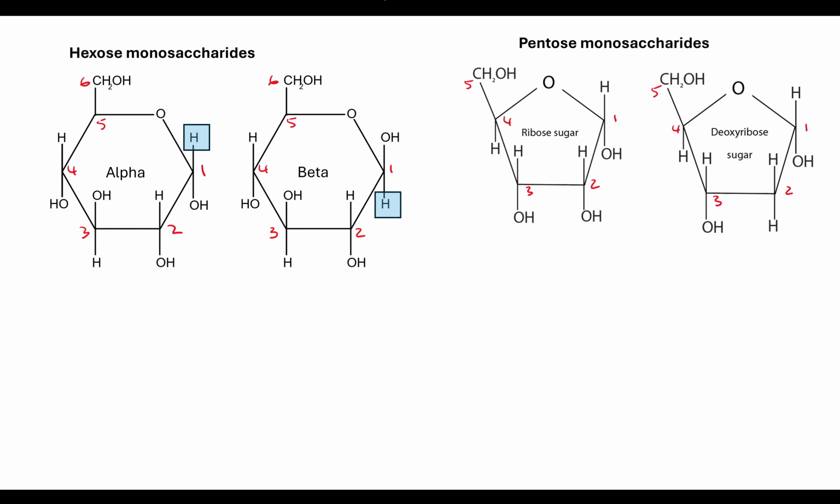Now the difference between the ribose and the deoxyribose is again down to 1 part, and that's this time carbon number 2. So in a deoxyribose sugar, we have got 1 less oxygen. So the prefix DE, that tells you that something is being removed.